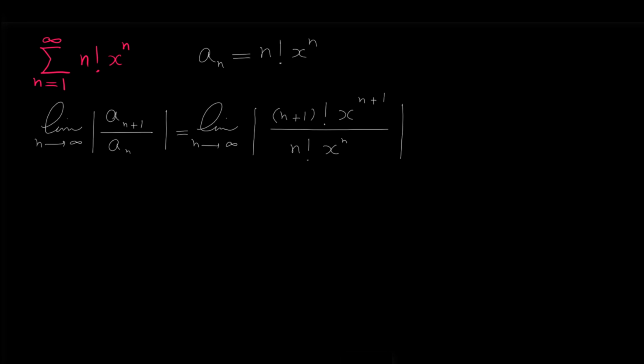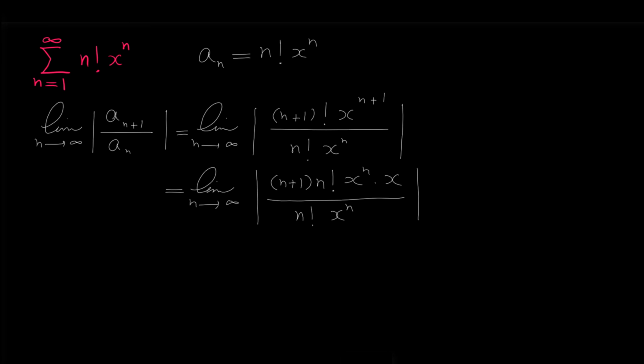Let's simplify the expression inside of the absolute. n plus 1 factorial is n plus 1 times n factorial, and x to the n plus 1 is x to the power of n times x, over n factorial times x to the n. We can cancel n factorial with n factorial and x to the n with x to the n.